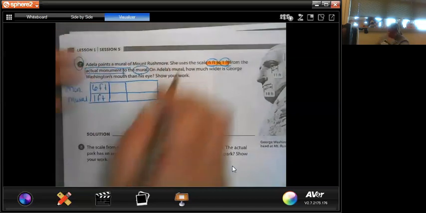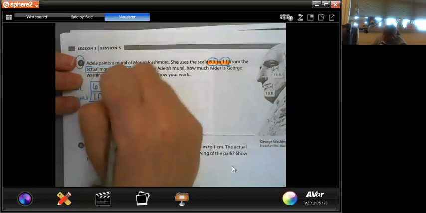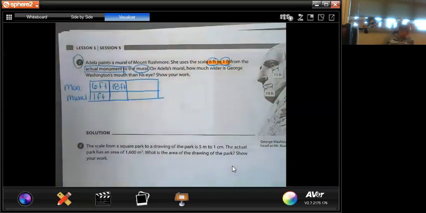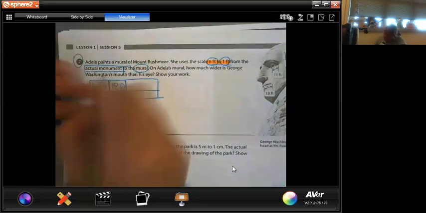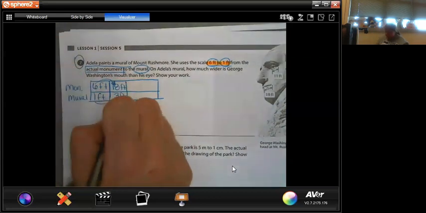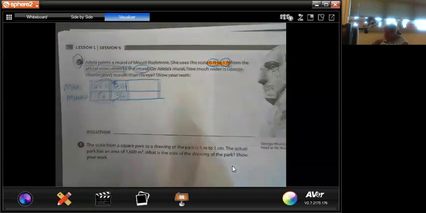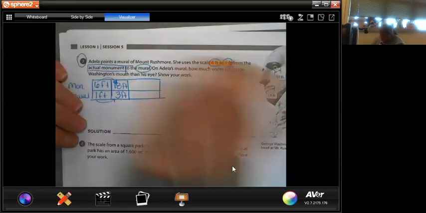We know that 6 times 3 is 18, right? So that means that this would be 3 feet, because 6 times 3 is 18, so 1 times 3 is 3. But now the hard part is getting to 11 feet.